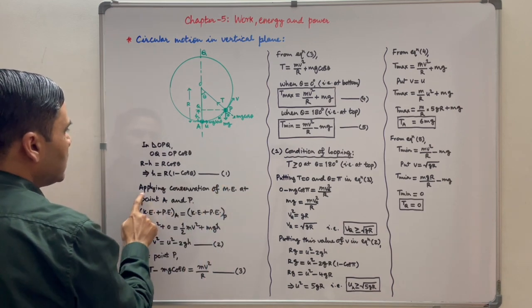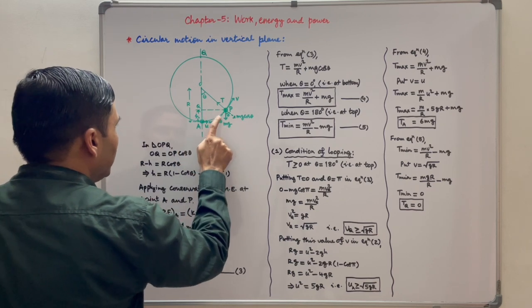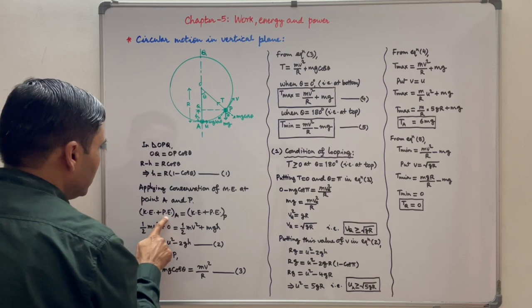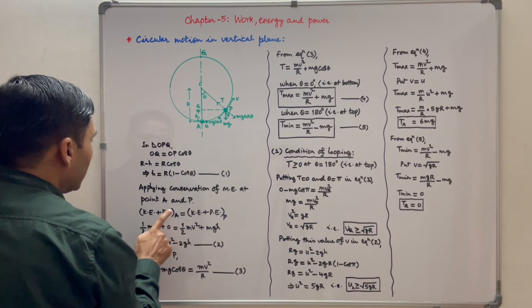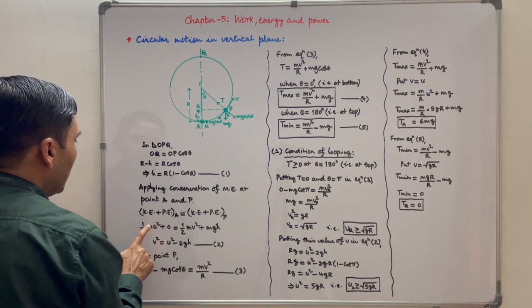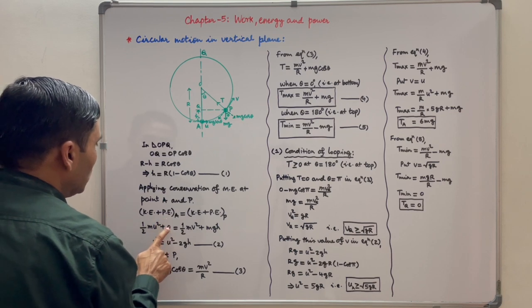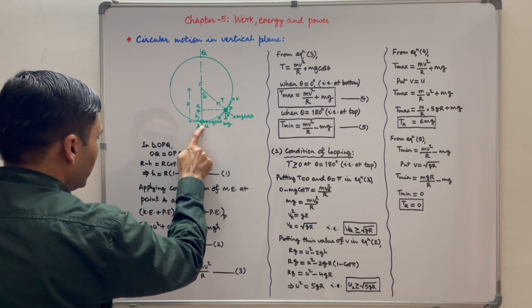We can apply conservation of mechanical energy at point A and at point P. At point A, kinetic energy plus potential energy is equal to kinetic energy plus potential energy at point P. Kinetic energy at A is half m u square and potential energy at A is equal to 0 because point A is passing through the reference line.